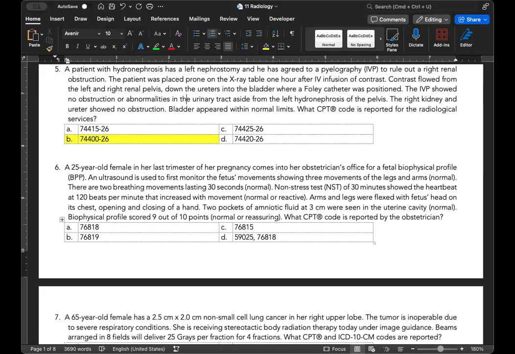So looking for fetal biophysical profile, you have 2 codes. Does everybody see those 2 codes? Is everybody in the index underneath the fetal biophysical profile?